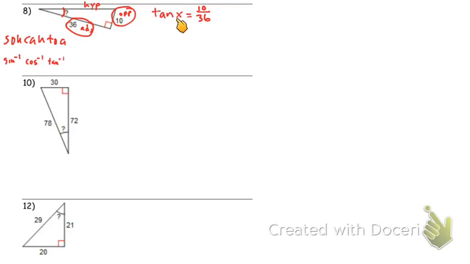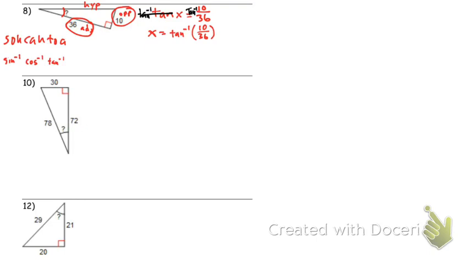The only thing that can get rid of tangent is inverse tangent, which you see here. This is a button in your calculator. Mathematically, we do inverse tangent on one side, and what you do to one side, you do to the other. These will cancel each other out, which means we are left with x. X equals the inverse tangent of 10 over 36.